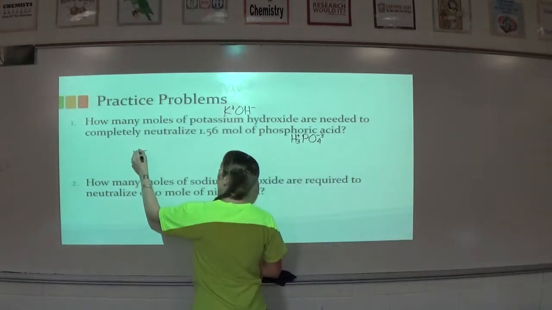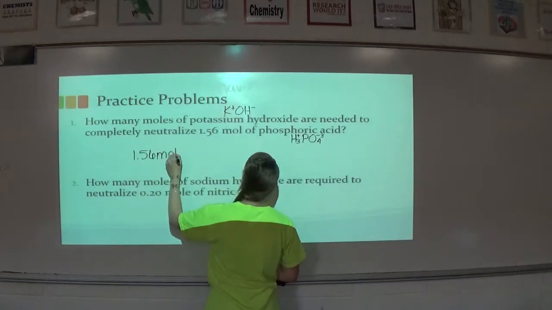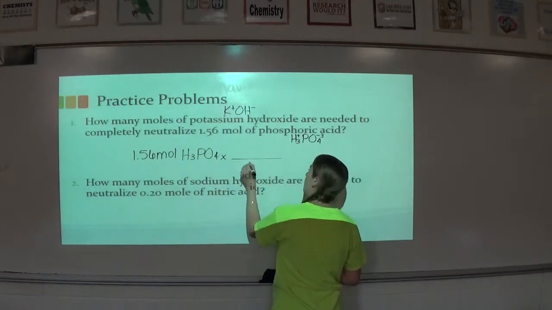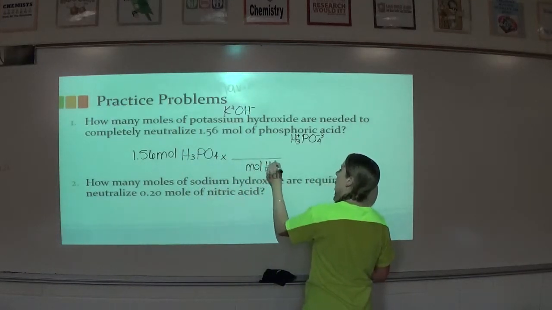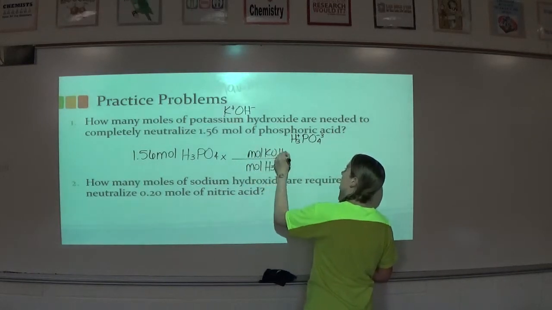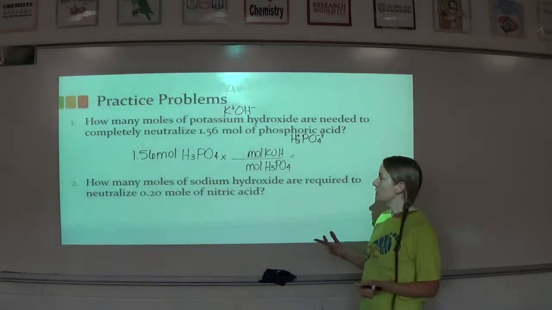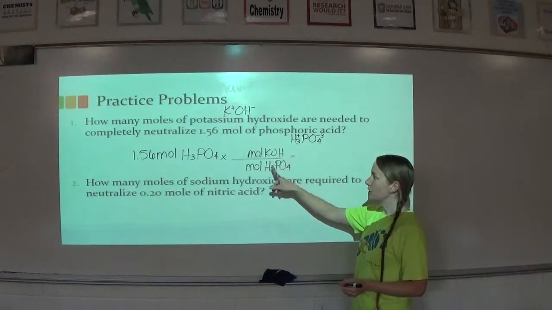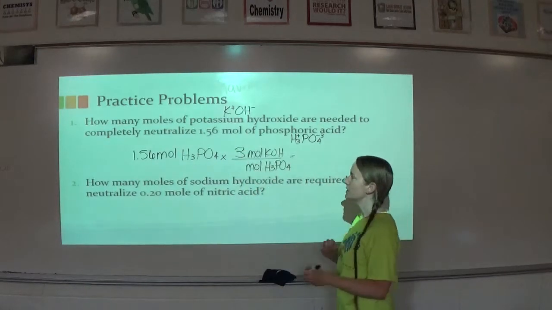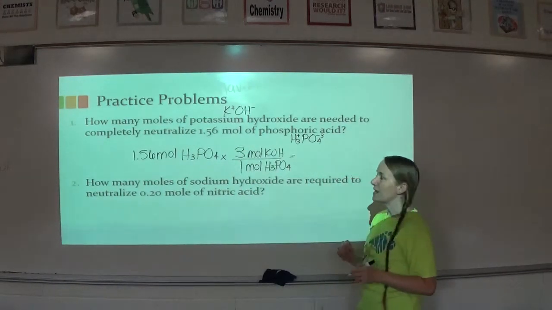So we start with our 1.56 moles of our phosphoric acid. So of course that means our moles of phosphoric acid must go on bottom, and our moles of KOH can go on top. So now we got to figure out that ratio. Well, it's 1 OH and 3 H's. So that means I need to get 3 OHs to cancel out my 3 H's.